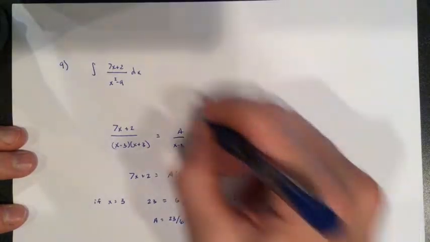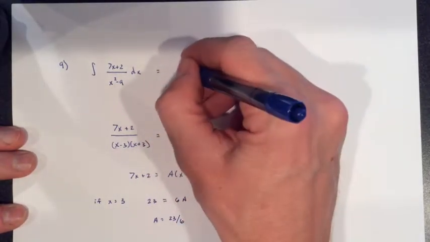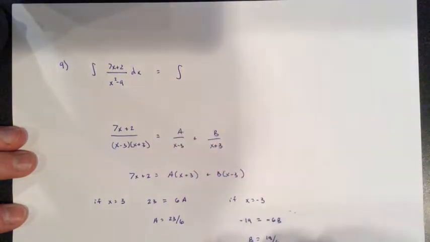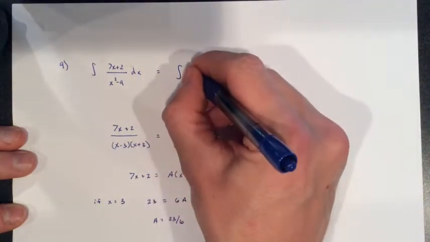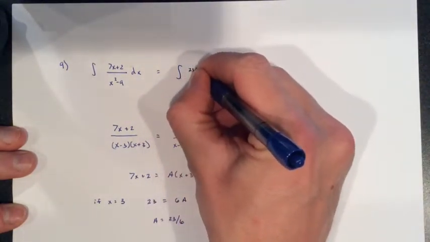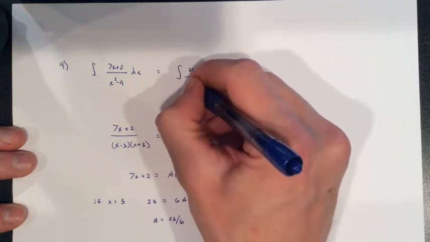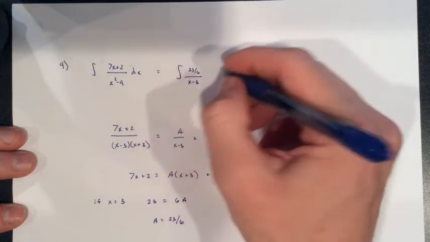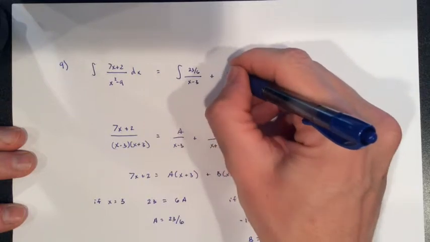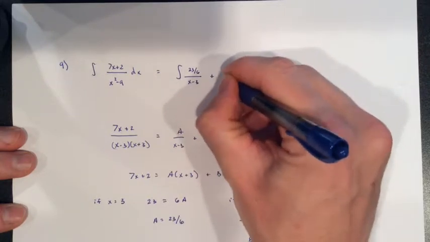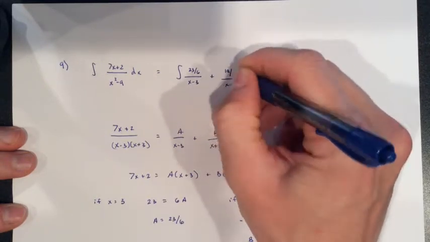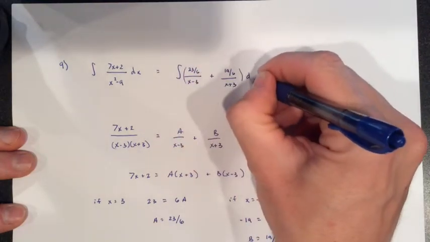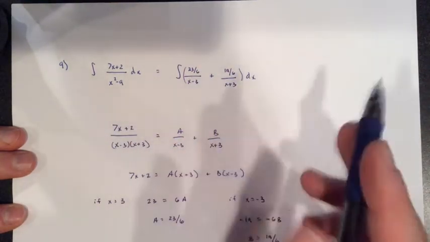And so when you go back to this original thing, we know that this integral then is equal to the integral of a, 23 over 6, over x minus 3, plus 19/6 over x plus 3, all with a dx. And again, those numbers mean nothing, right?